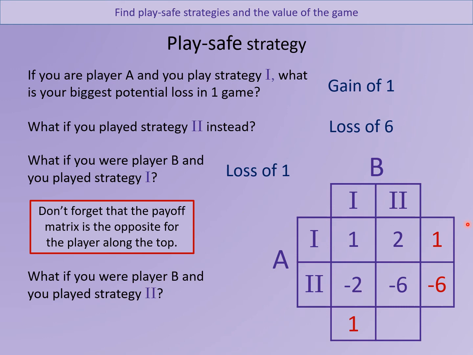If player B were to choose strategy 2, then again the worst case scenario, remembering that negative numbers represent wins for player B, is this loss of 2 here. So what we're doing here is we're taking the maximum value in each column, because that represents the worst case scenario for player B.